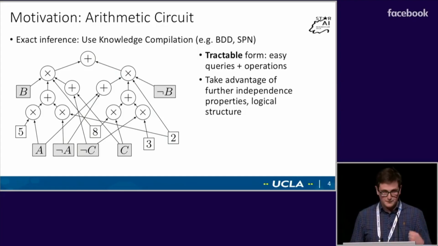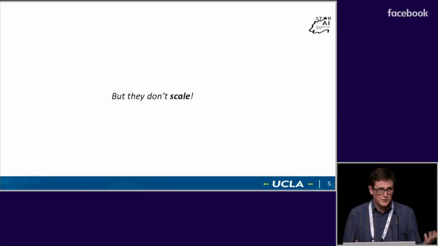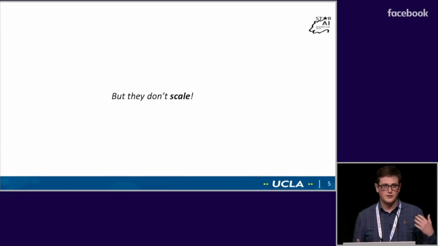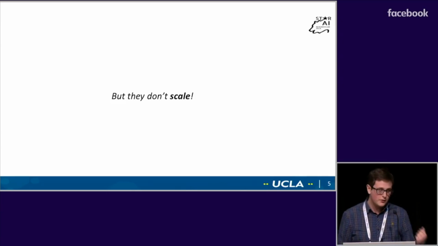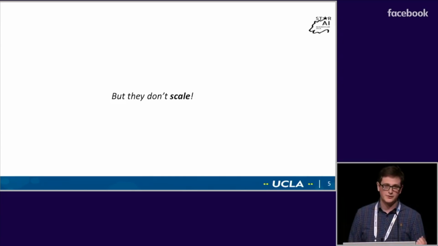But these circuits have one problem, which is that they don't scale, right? At a complexity level, we know that they're solving exactly a problem that's really hard. So we know that at some point we're just not going to be able to build this if you pick a factor graph large enough.